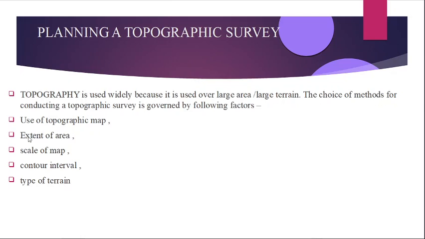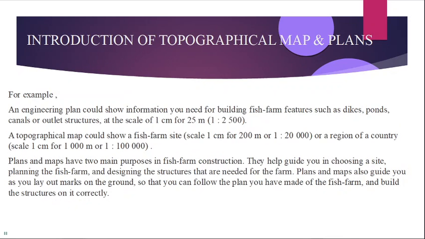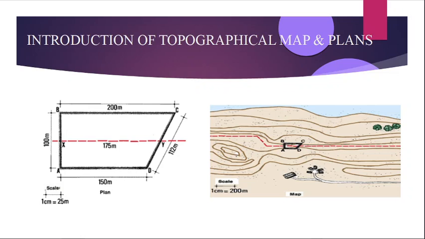The second point is the extent of area. Topographic survey of a large area should be conducted by more precise methods than those for smaller areas. Let's take a look. Suppose this is an area. Suppose this is a large area, and this is a smaller area.